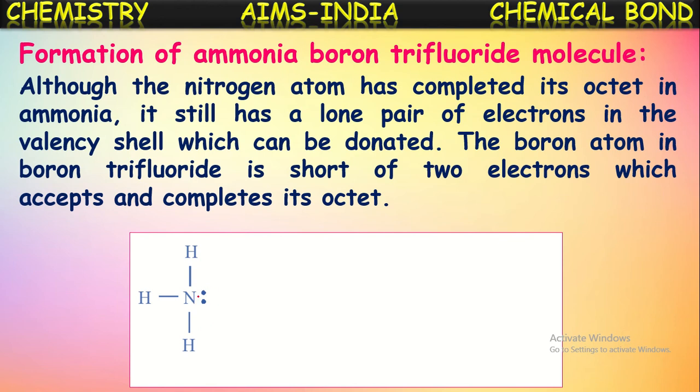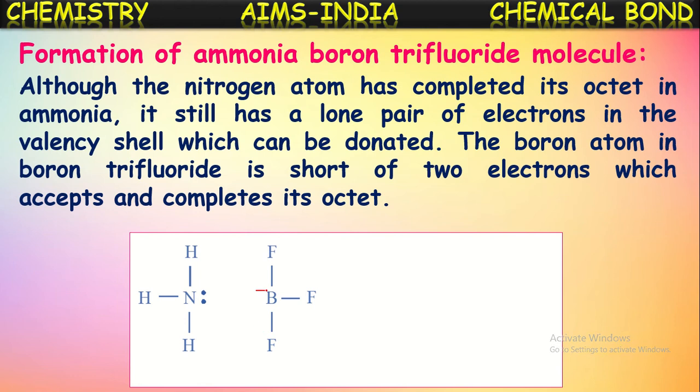At the same time, in the boron trifluoride molecule, the boron atom is short of 2 electrons even after the bond formation with the 3 fluorine atoms, because boron has 3 valence electrons. These 3 valence electrons are participating in the bond formation with the 3 fluorines, and hence boron is getting 6 electrons.